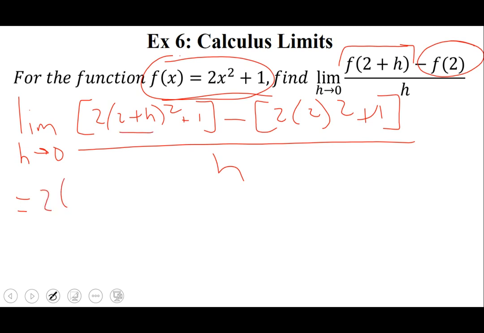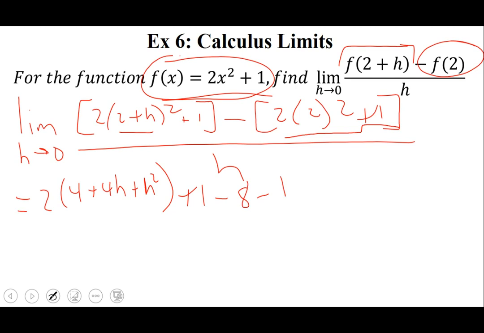So 2 plus h squared is 4 plus 4h plus h squared plus 1. 2 times 2 squared is 8 plus 1. So that is going to be minus 8 minus 1.